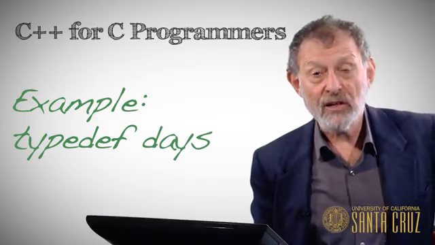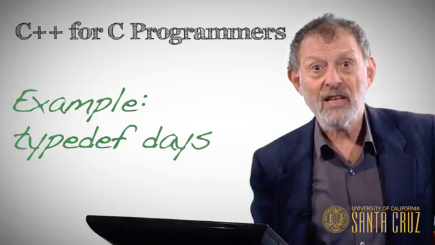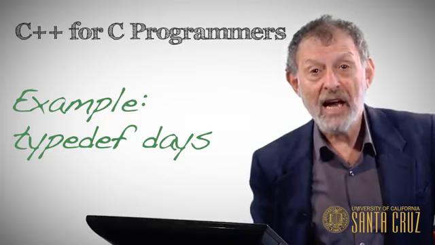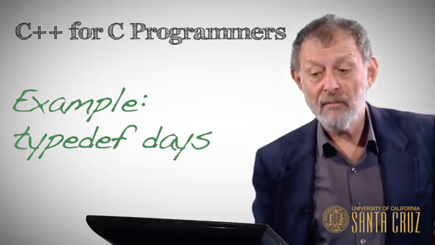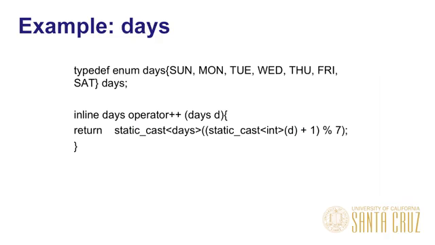And that's the secret to good OO programming, making your extended types, your type extension, natural, making it seem like these types are native.